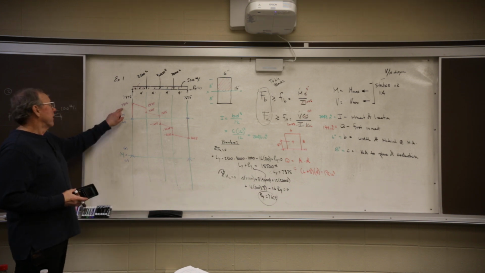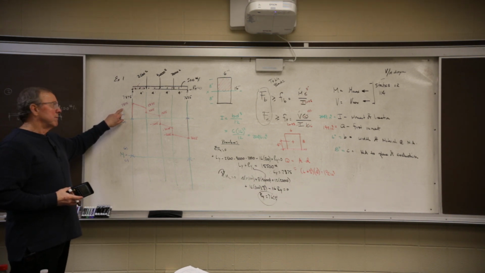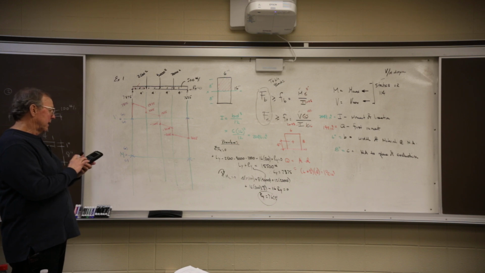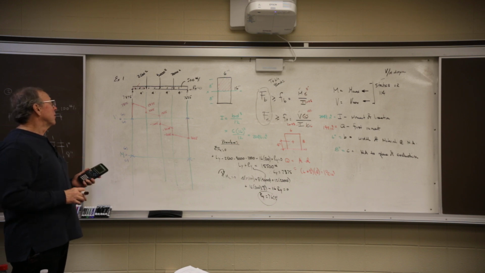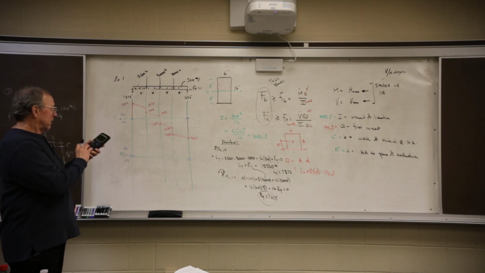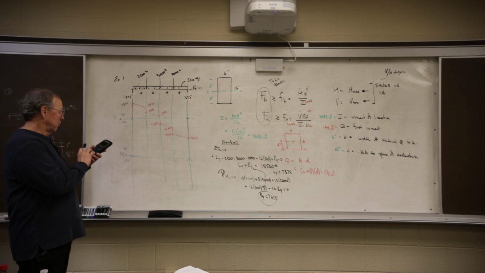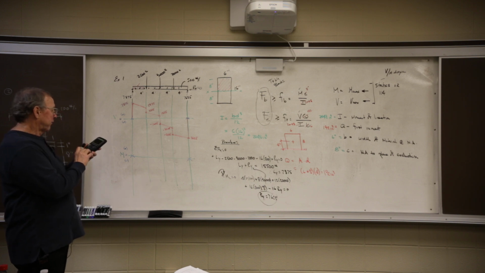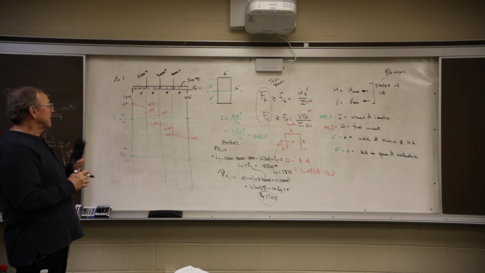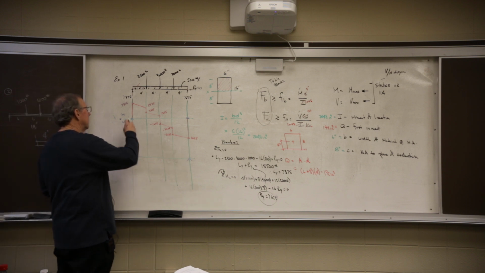Hopefully you can find the area of a trapezoid. I do it by adding up the heights, dividing by 2, and multiplying by the width. 7,875 plus 5,875 divided by 2 times 4. 27.5.